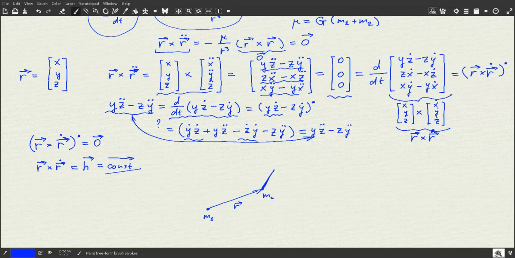R is a position vector of M2. And then there is a certain vector r dot, which is actually the velocity vector of M2.